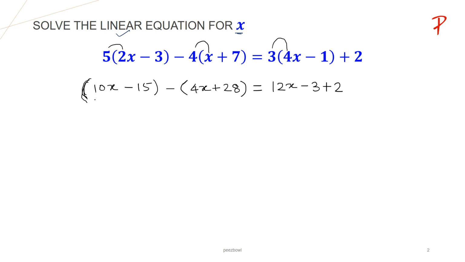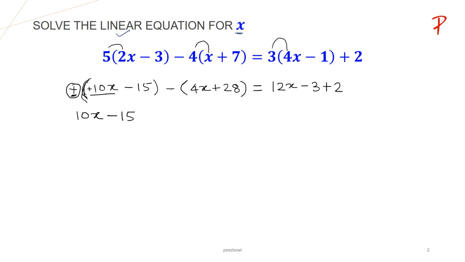Because there is nothing in front of the bracket, we have a plus sign, right? Before 10 there is nothing, which means there is a plus sign. When plus is multiplied by plus 10x, this becomes plus 10x. When plus is multiplied by minus, this becomes minus 15.